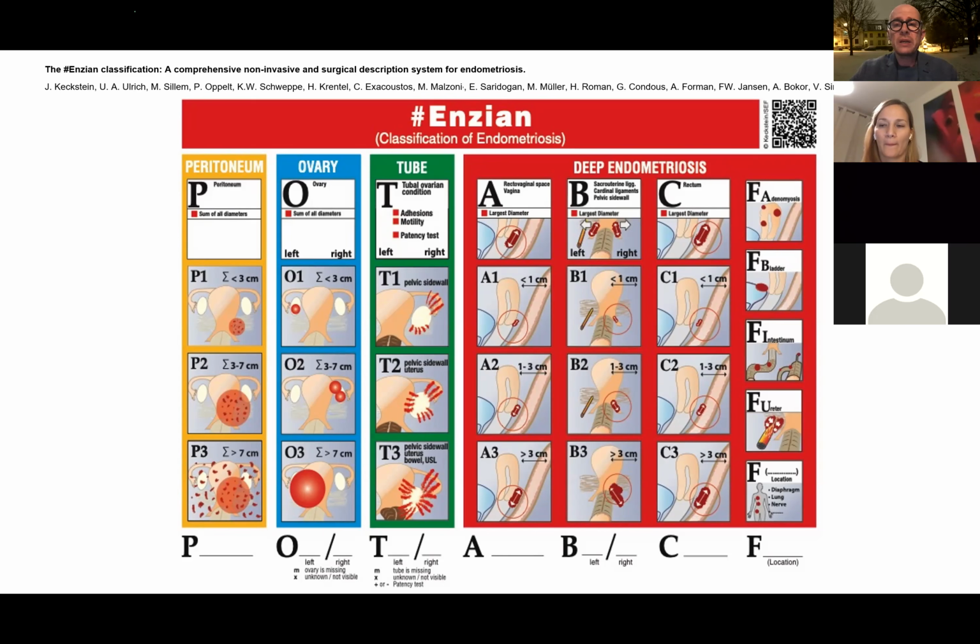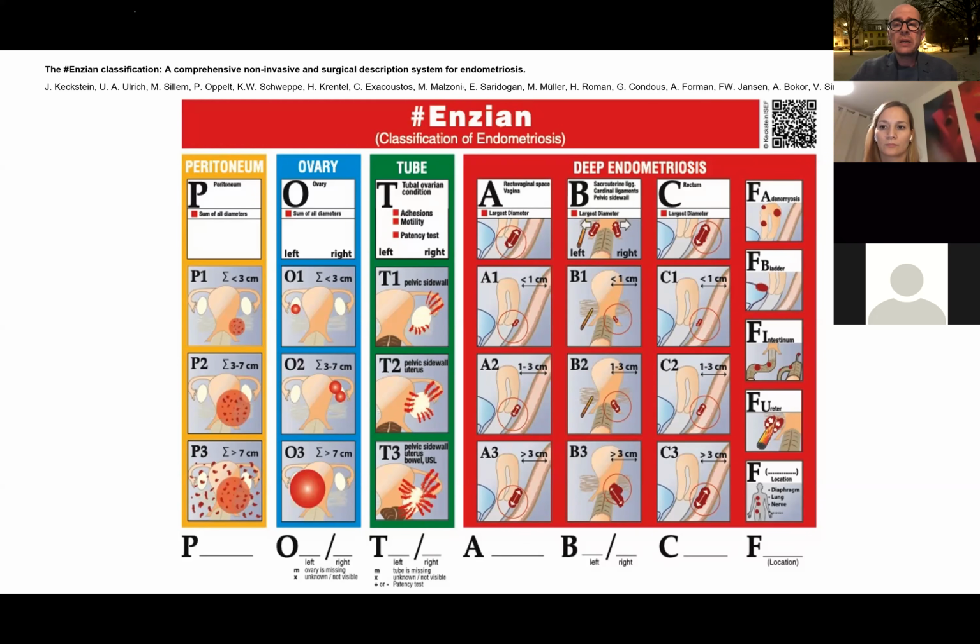Then the T section is going to present the situations of the tubes. If there are any adhesions, the motility of the tubes, and the patency test. Just like in the O section, we're going to have T left/right, depending on the adhesions of the tubes.